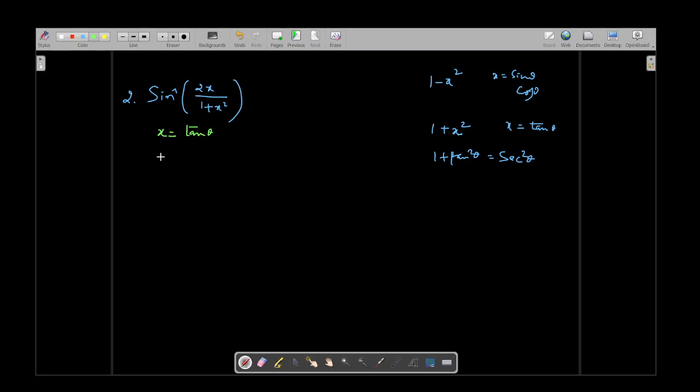If I put x is equal to tan theta, I'll get sine inverse of 2 tan theta divided by 1 plus tan square theta. So this is sine inverse of 2 times tan theta divided by secant square theta.